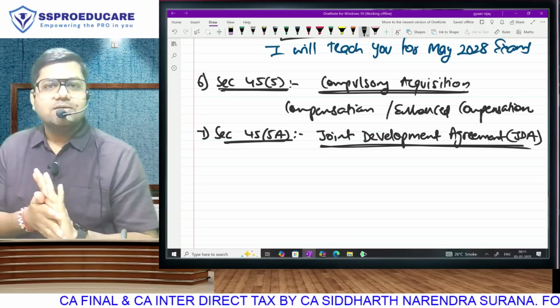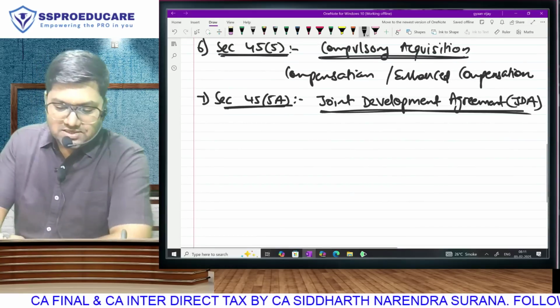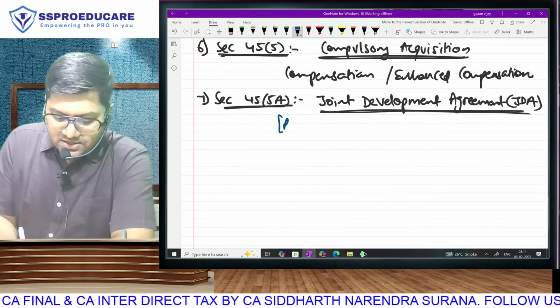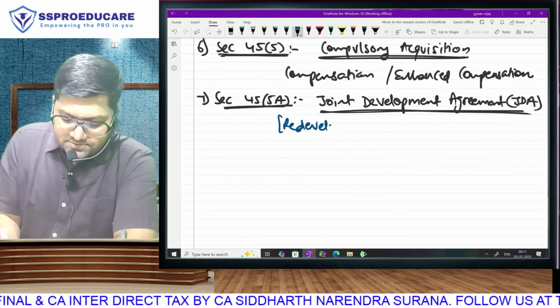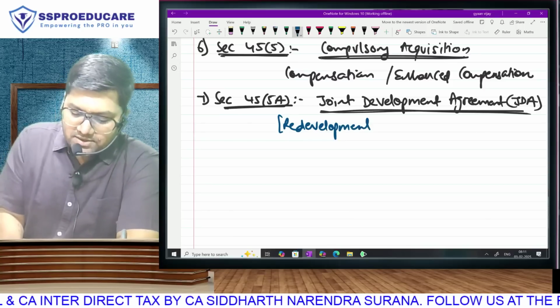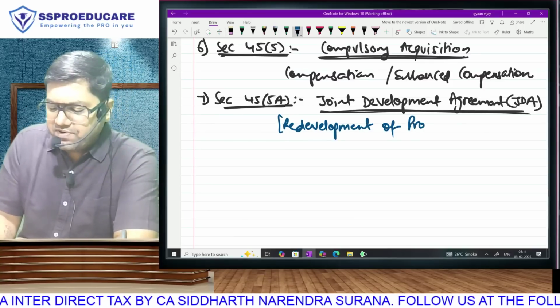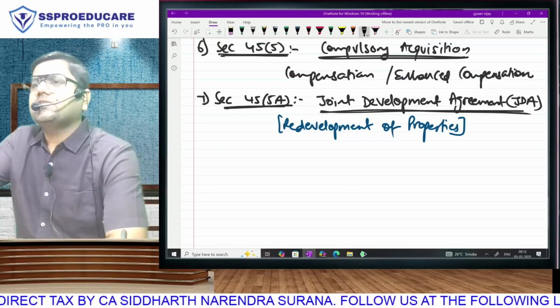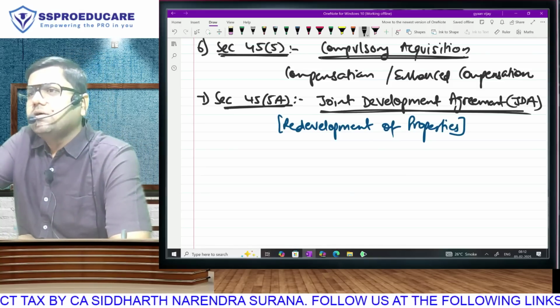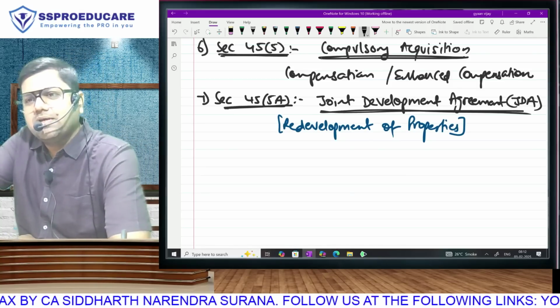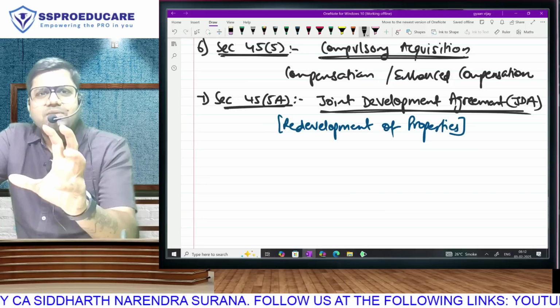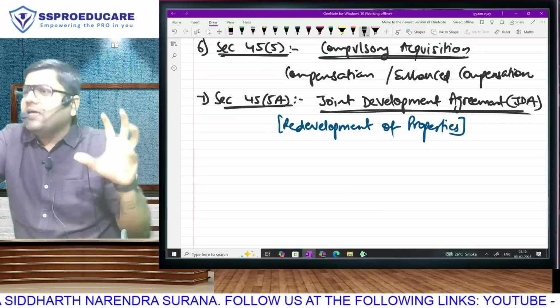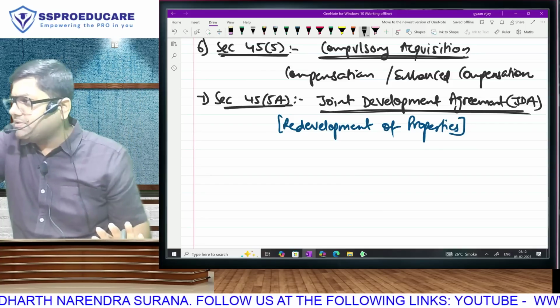Let's get this clear. This transaction basically is redevelopment of properties. This is something that is happening in every corner of the country. Big cities, small cities, old buildings are being demolished, and in their place, new buildings are being constructed. The typical system is people living in that old building will hand over their building to a developer.